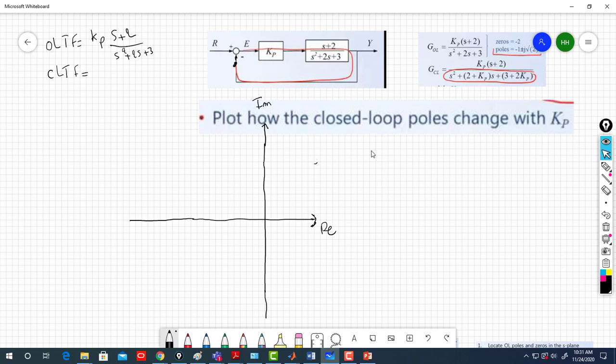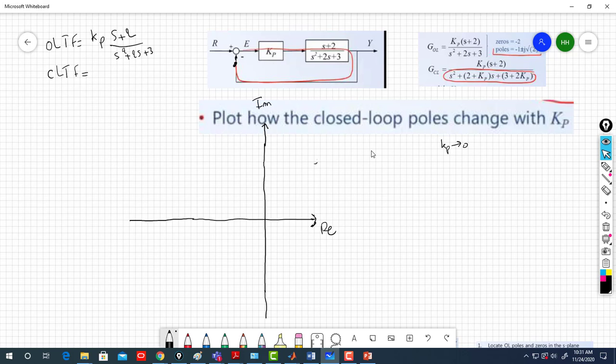All right. So now our goal is to plot how the closed loop pole changes with Kp. Let's take first Kp equals 0, or Kp tends to 0.